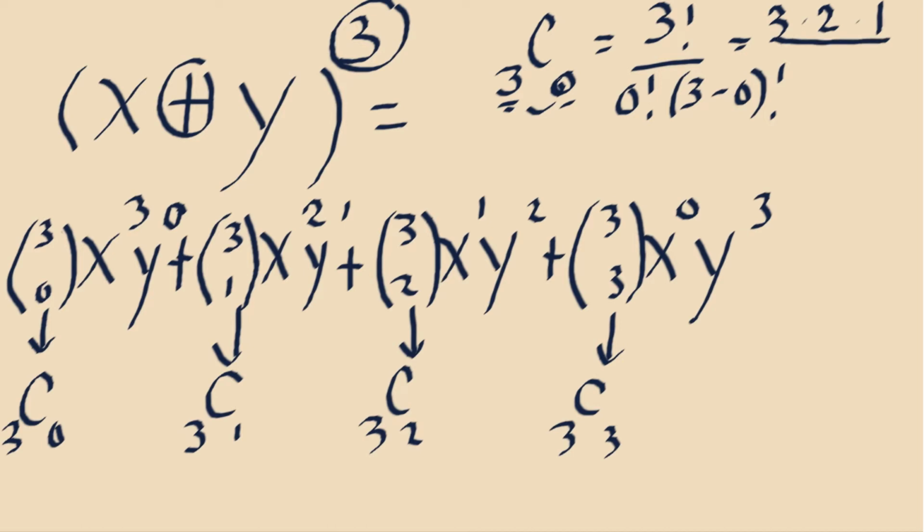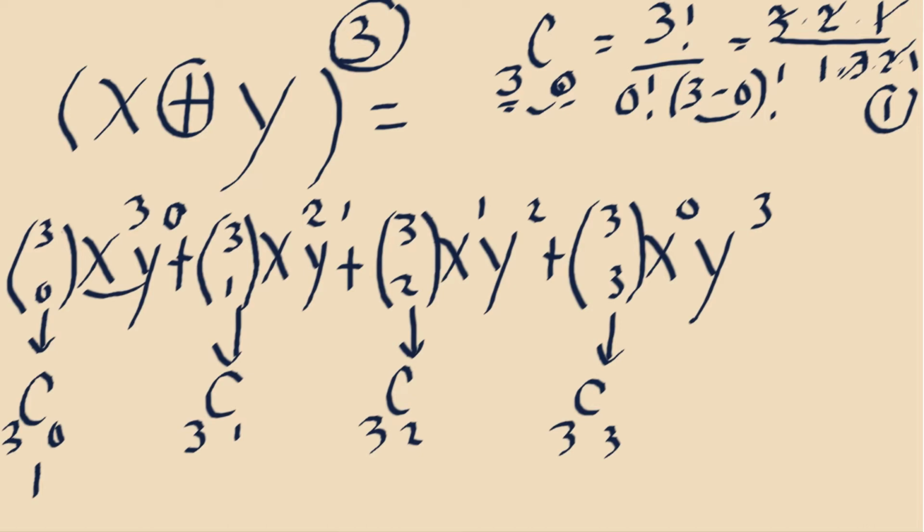And then 0 factorial by definition is 1. So divided by 1 times, again, 3 minus 0 is 3 factorial, which is 3 times 2 times 1. As you can see, this is going to be simplified to 1. So our first coefficient is 1.